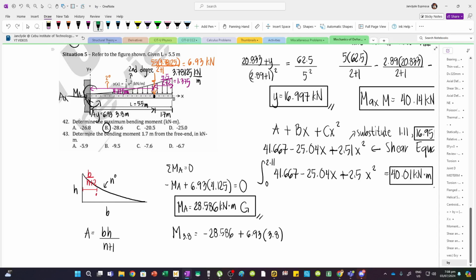By the way, the resultant of this figure is acting downward, and so it will cause a counterclockwise movement about this point. So we're going to use minus.